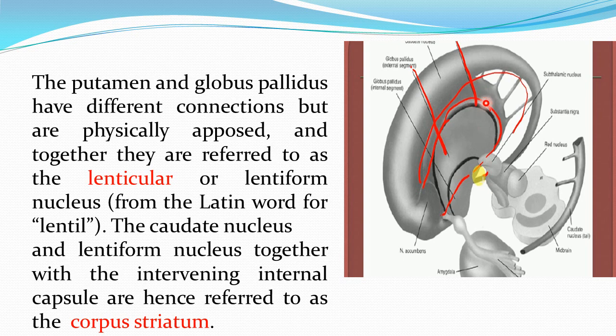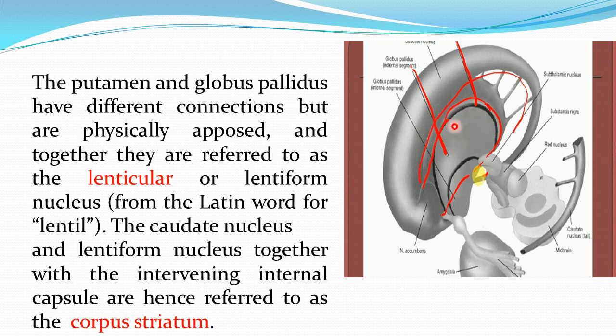These are embryologically different structures, but physically they lie together, opposed together. They are referred to as lenticular or lentiform nucleus because lenti is a Latin word meaning lentil, masur, masur ka dana. It is biconvex in shape.